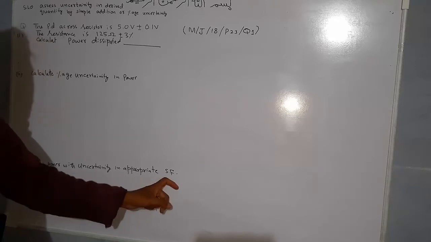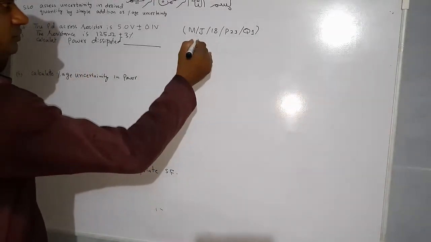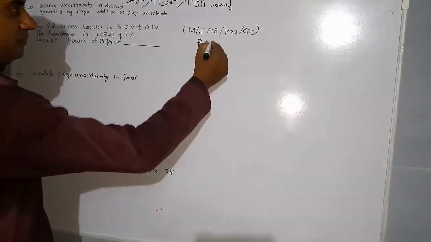Calculate the power dissipated. In the second part, calculate the percentage uncertainty in the power dissipated, and write the power with uncertainty with appropriate significant figures. Power has three formulas. The question arises, which formula do we apply?